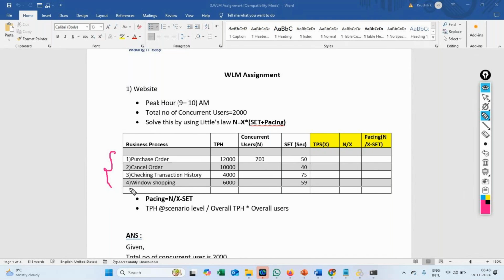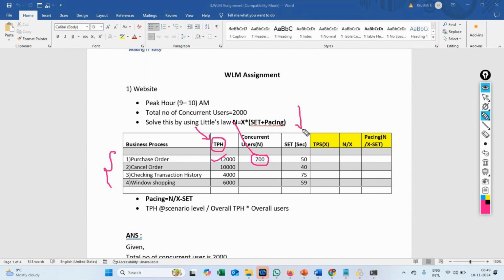Now, let's say the client gave this input to us. For purchase order, the client said the transactions per hour is 12,000 and the user's N value is 700. N value we have it here. X value we'll calculate, but the client gave TPH, transactions per hour, 12,000 for purchase order.